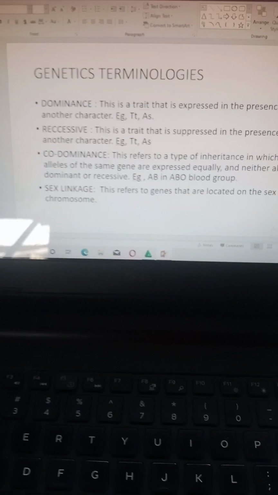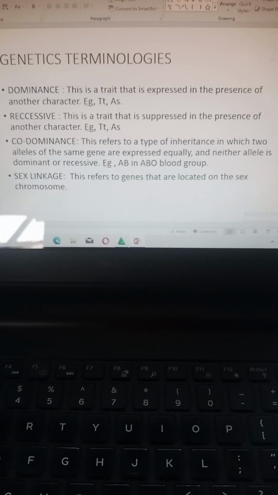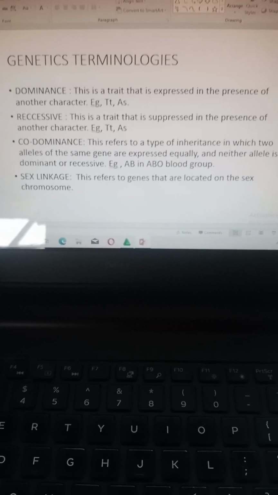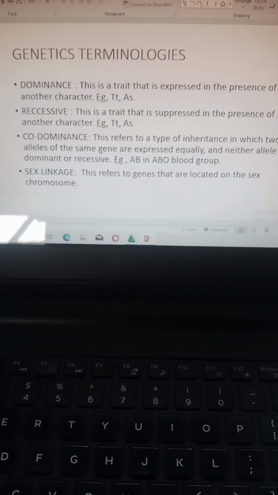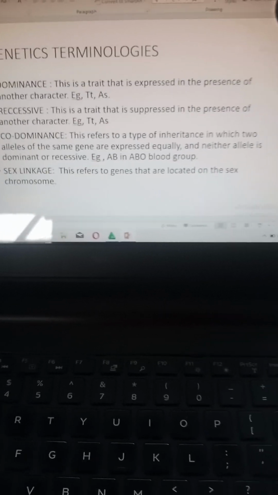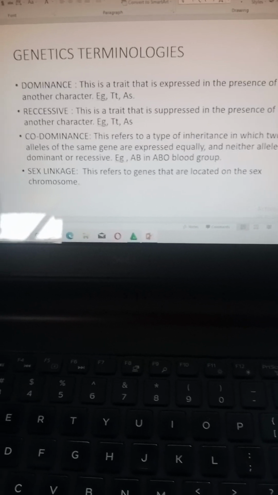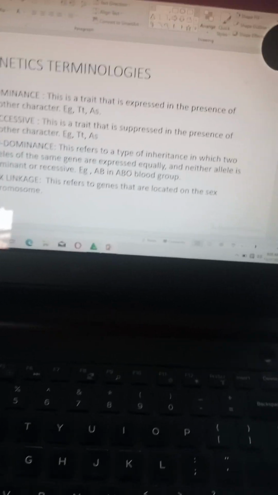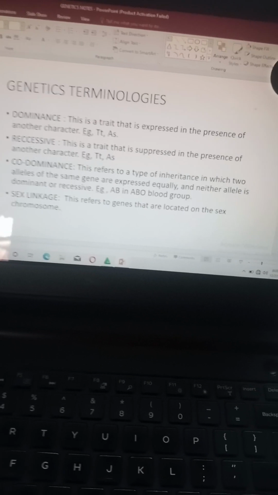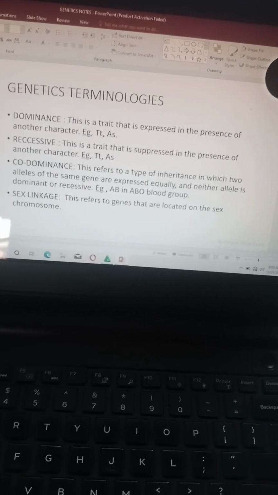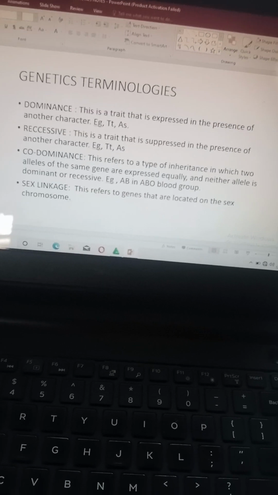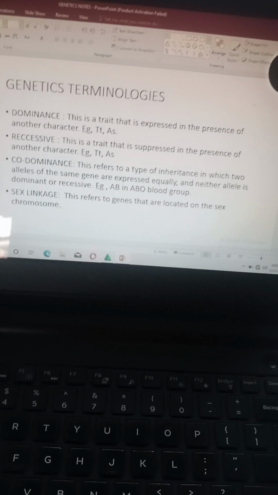Codominance refers to a type of inheritance in which two alleles of the same gene are expressed equally, and neither allele is dominant or recessive. A very good example of this is the ABO blood group system. We have four types of blood group: A, B, AB, and O. Like AB, for instance, somebody is blood group AB.